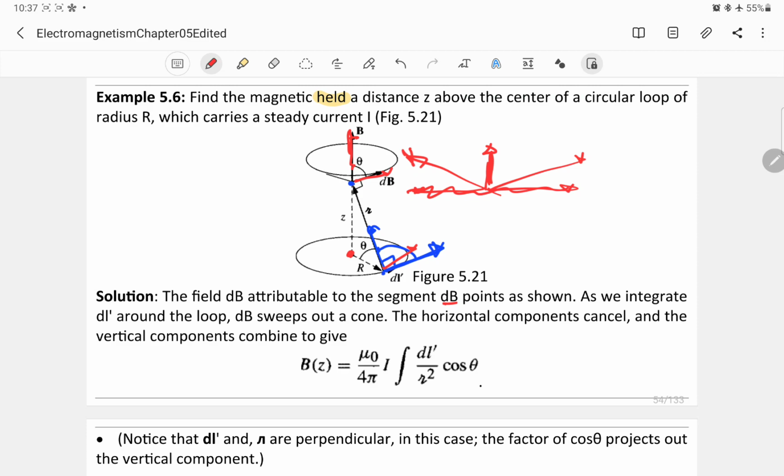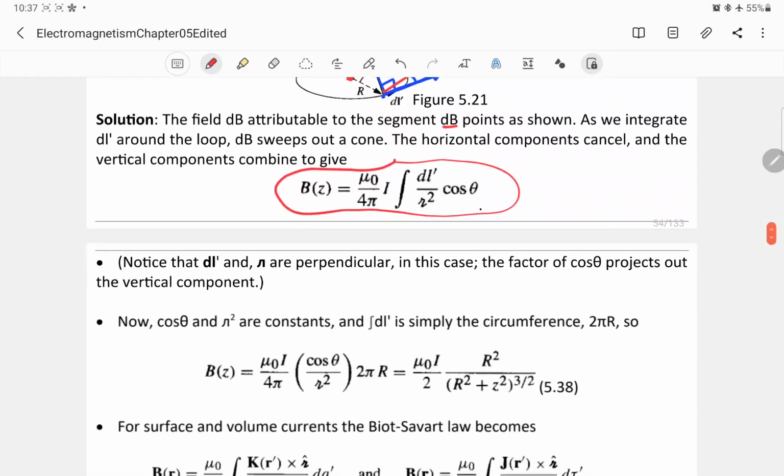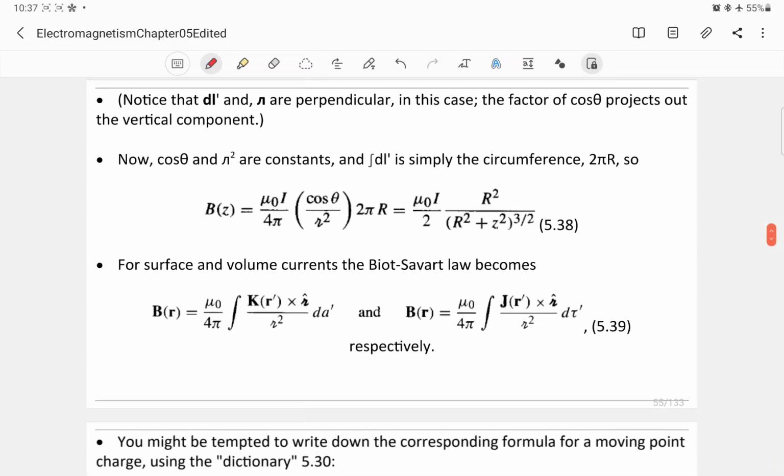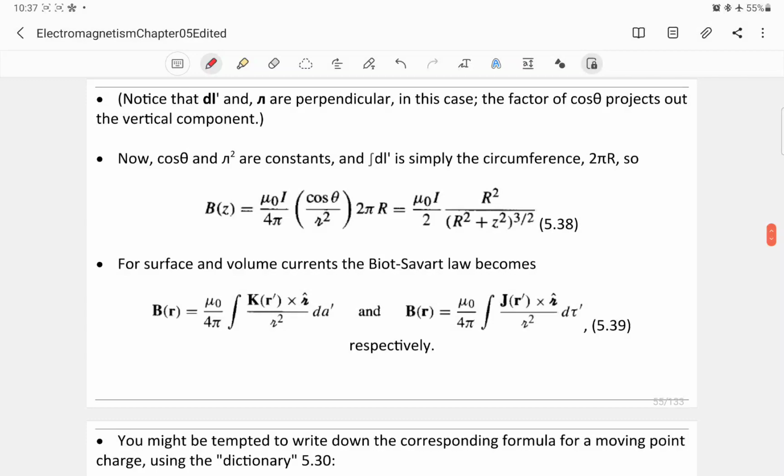So the horizontal components cancel and the vertical components combine to give your dB in this form.